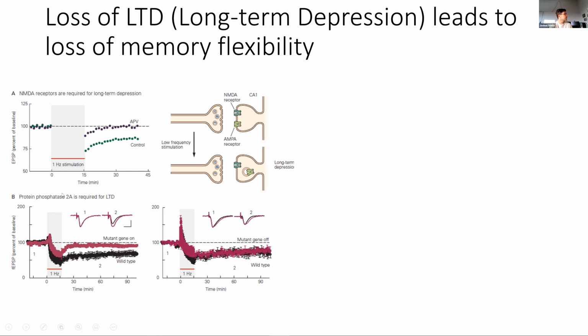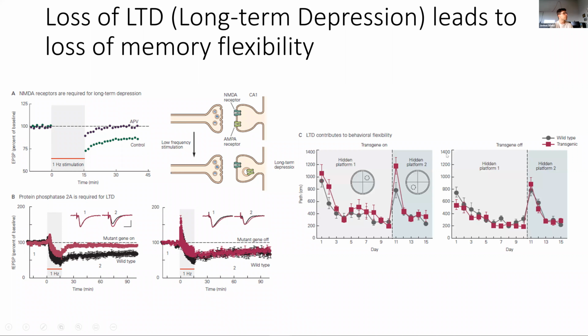So LTD, if you give a certain type of stimulation, actually leads to a decreased response from one neuron to another across the synapse. If you lose LTD, you don't necessarily lose the ability to find the hidden platform, but you do lose the ability to quickly revert to a new place within the Morris water maze.